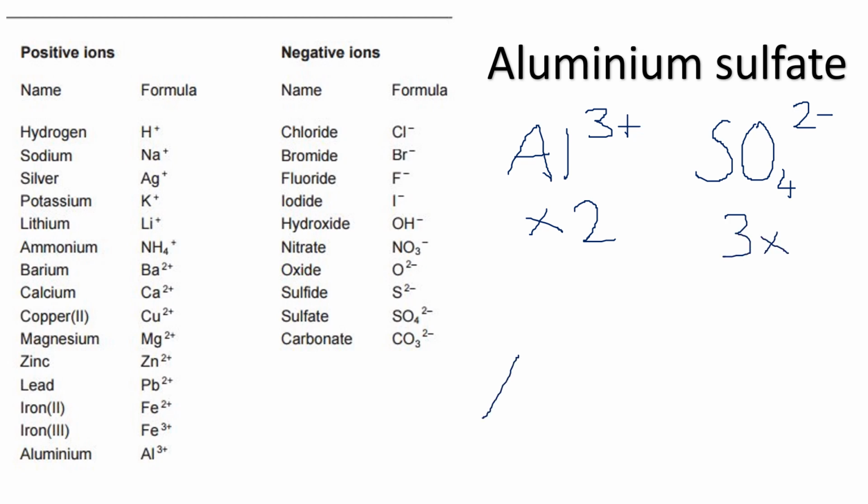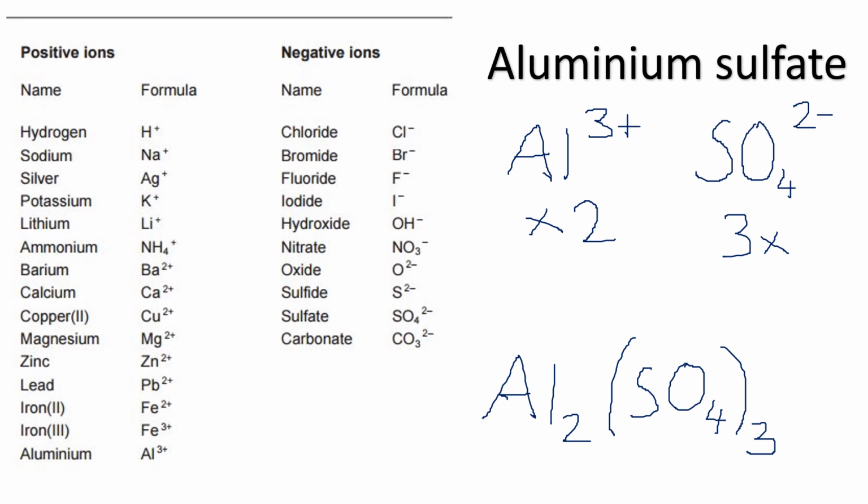So the formula will be Al2(SO4)3. So 2 aluminiums, 3 sulfurs, and 12 oxygens.